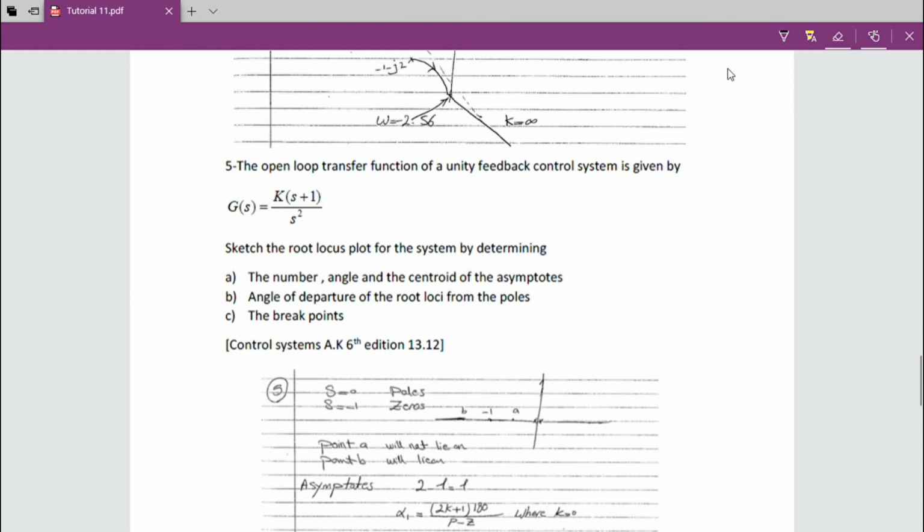If you equate these, k times (s plus 1) upon s squared is equal to minus 1, right. Make k the subject of the formula, and differentiate.